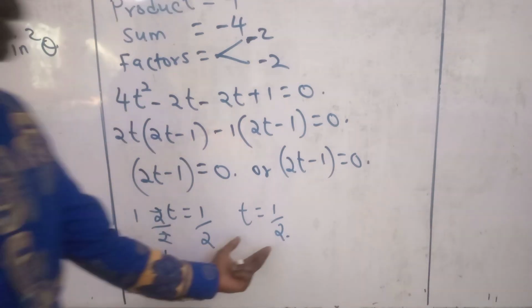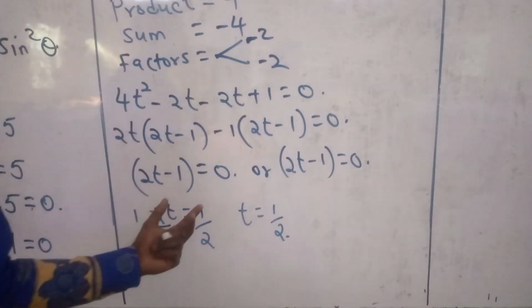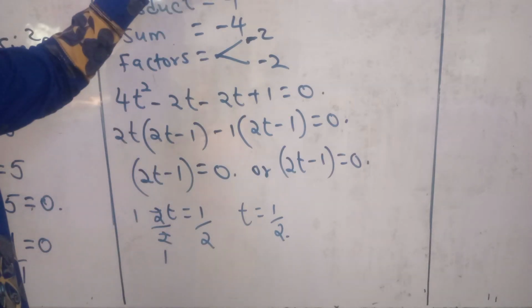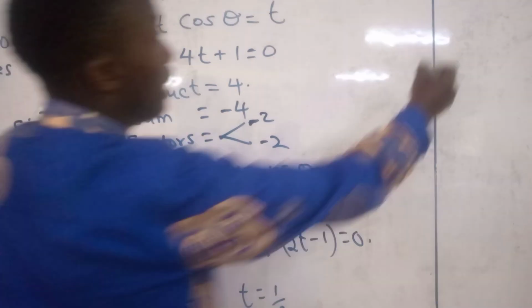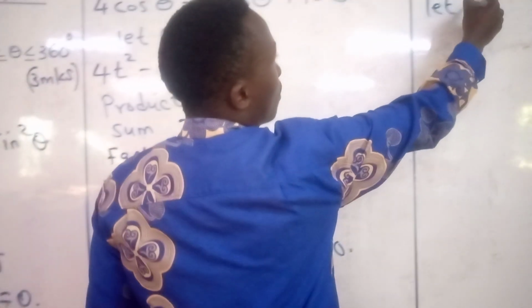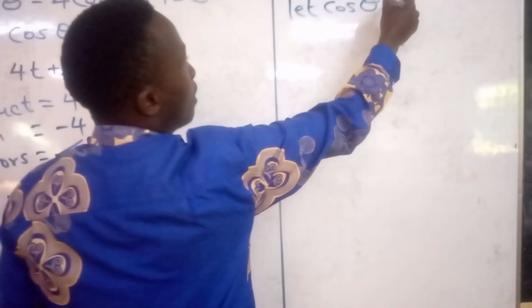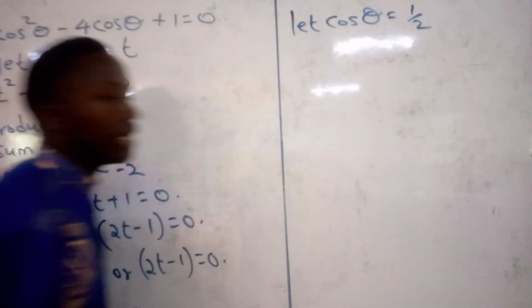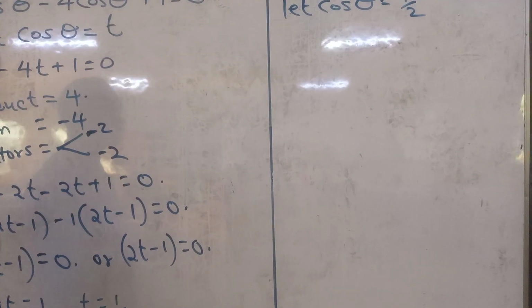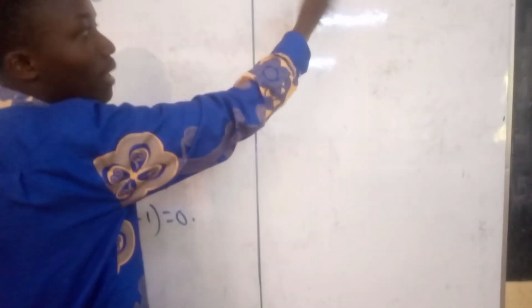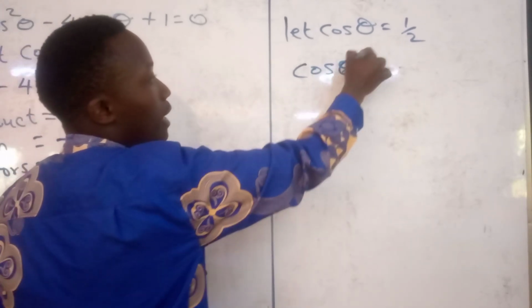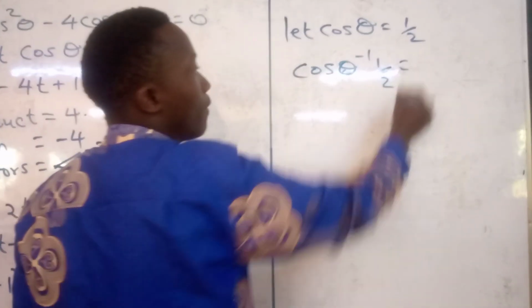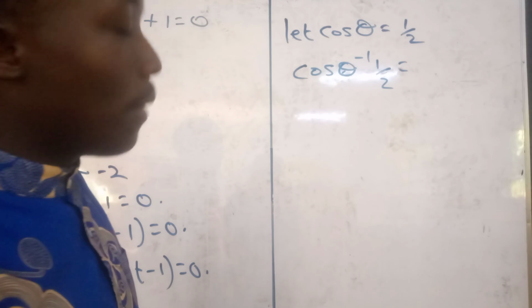So when we get t as a half, we can say that cos theta is equal to a half, because we said it be t and our t is a half. Then for us to get theta, we need to find the cosine inverse of a half.